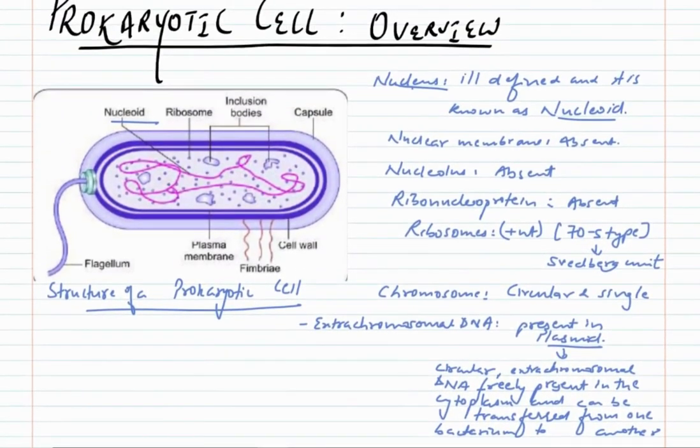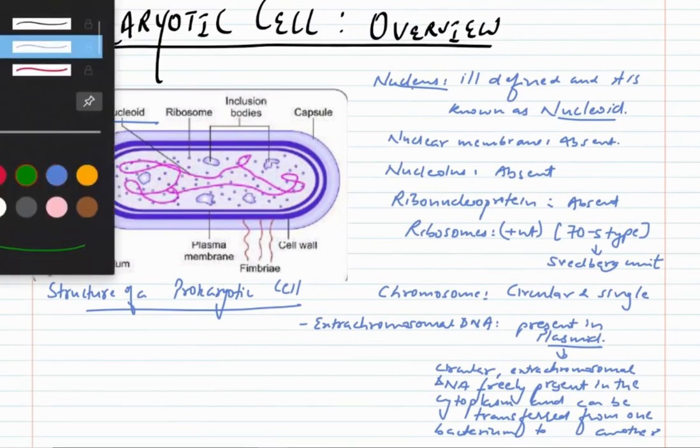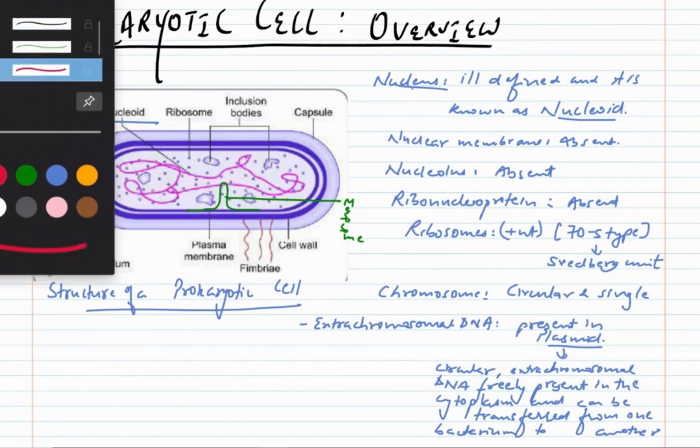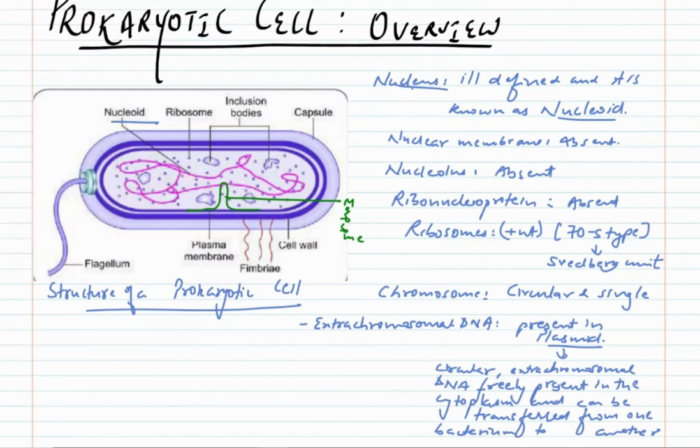So respiration takes place inside the mesosome. This plasma membrane, which is going like this, will take a dip inside the cell, and this will be known as a mesosome. It is going to help in the process of cell division, and it is also going to help in the process of respiration.